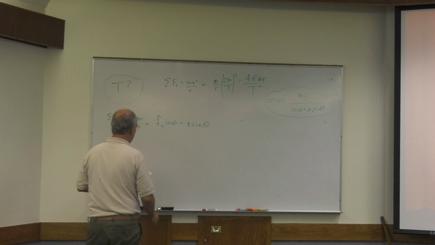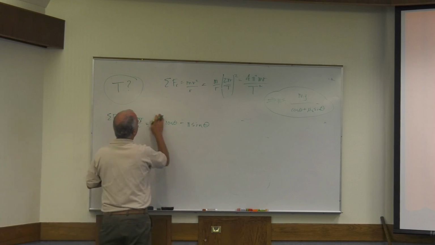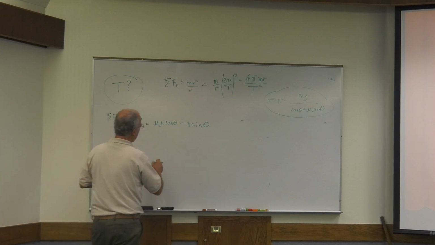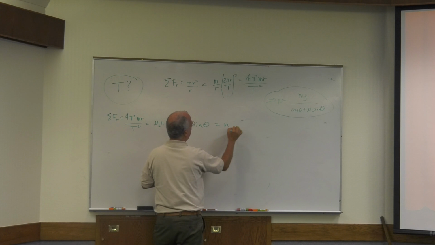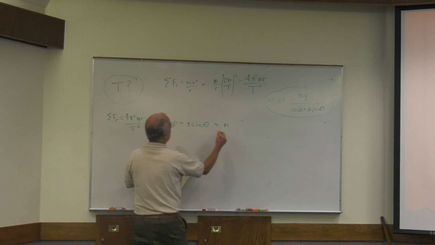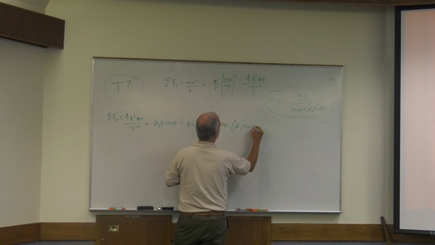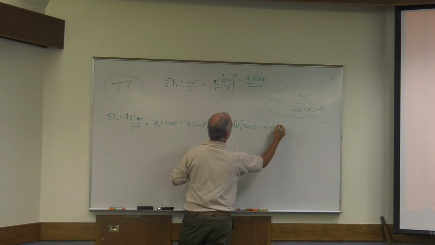Okay, well, what's Fs? It's mu s n. Oh gosh. So n's a mess. Let's factor it out. So we'll have n times mu s cos theta minus sine theta.